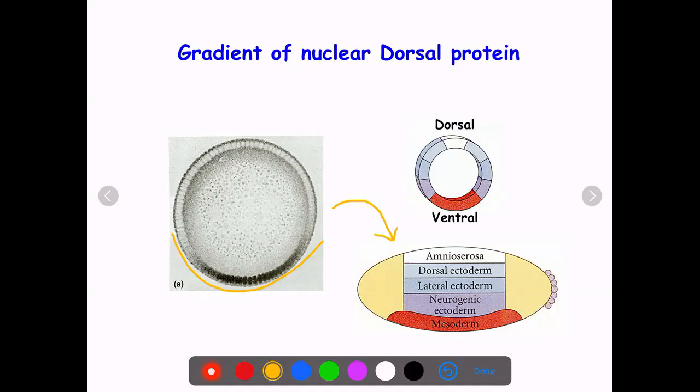The question is, dorsal is not in this dorsal area. So they are not in dorsal. And then dorsal has a particular structure like this, okay?